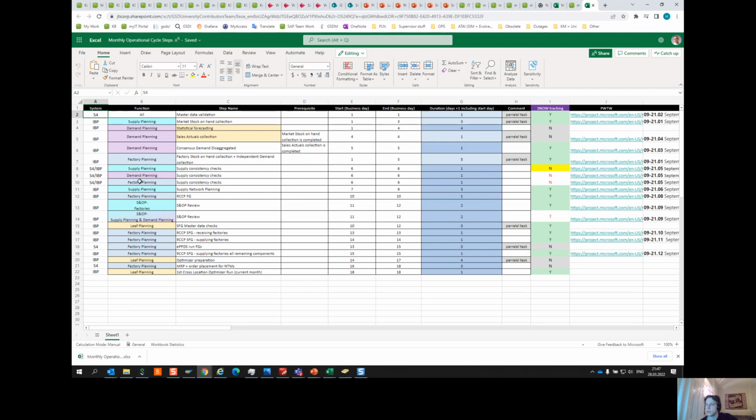So people do not stop working throughout the months. They just go into a shadow mode, I would say. Supply planners have some work to do at the beginning of the month, calculating the current stocks and providing this information to demand planners.